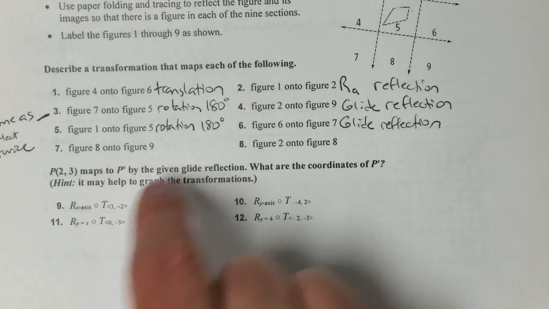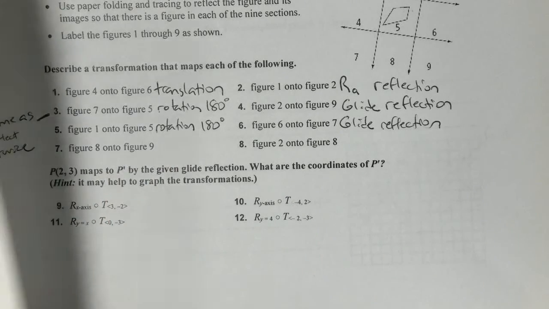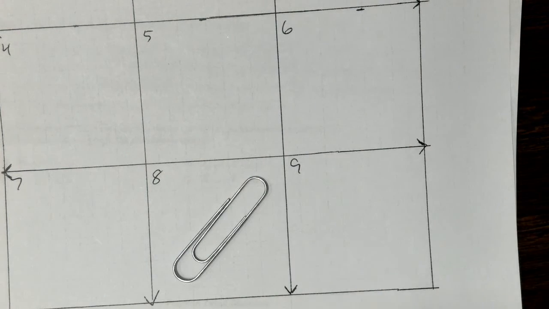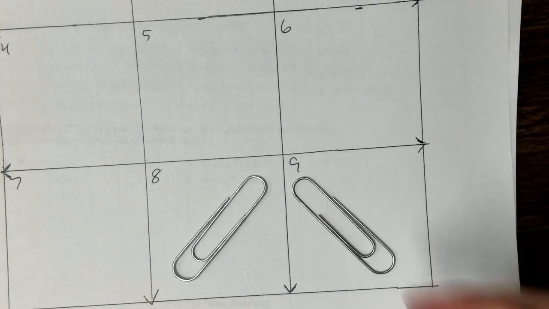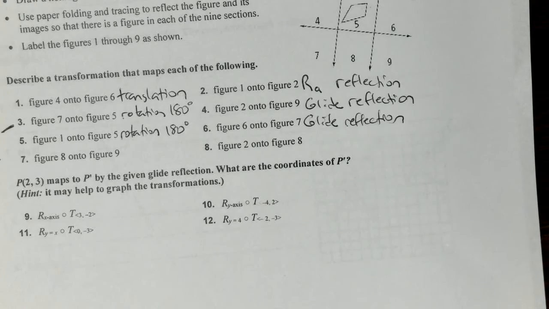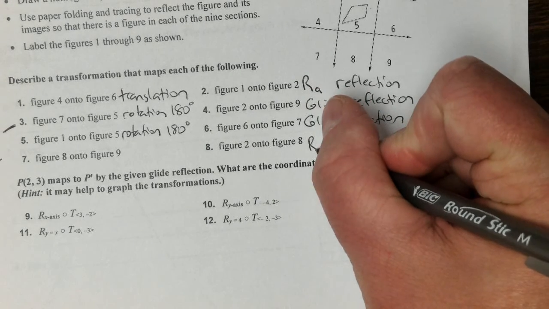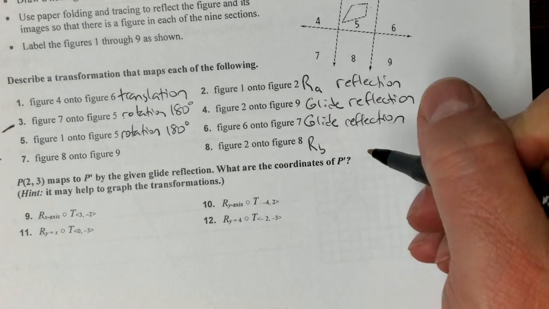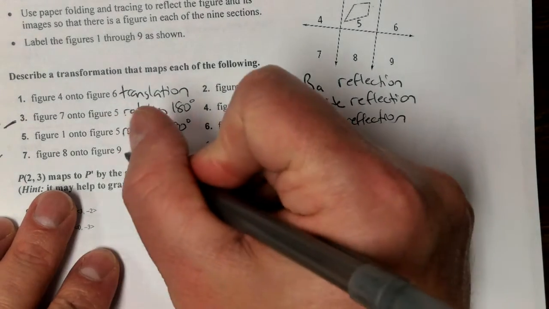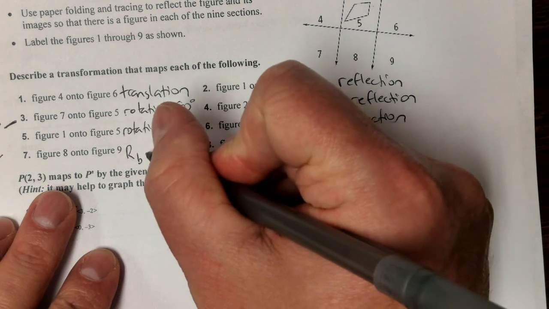And then when we go 8 onto 9, it's going to start like this, and then it's going to flip across, reflect across B. R, B. Oh, I did this in the wrong spot. 8 and 9, that's R, B, which is a reflection.